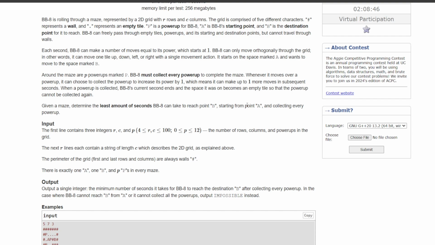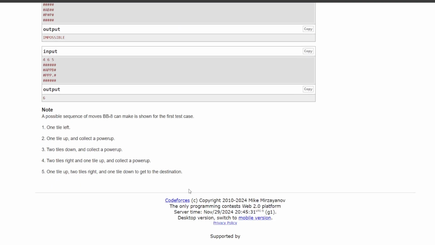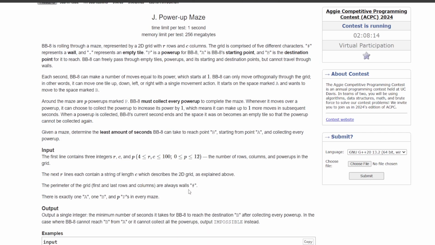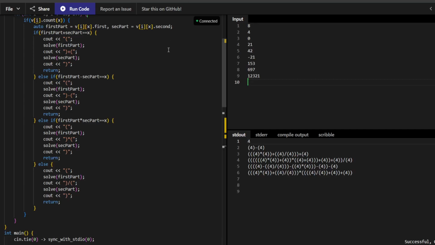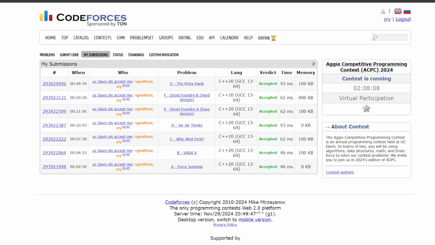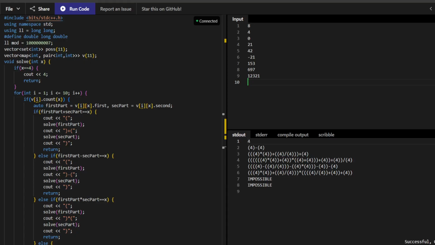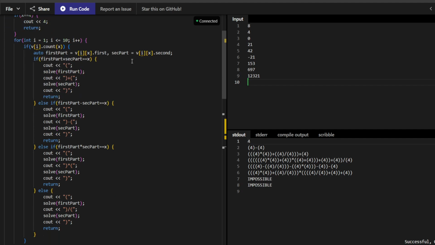Floating point exception. Okay, I'm sure this is right. Surely. Wait. Does it work? Forgot something. That should work now. Uh-oh. Okay, it did not work.